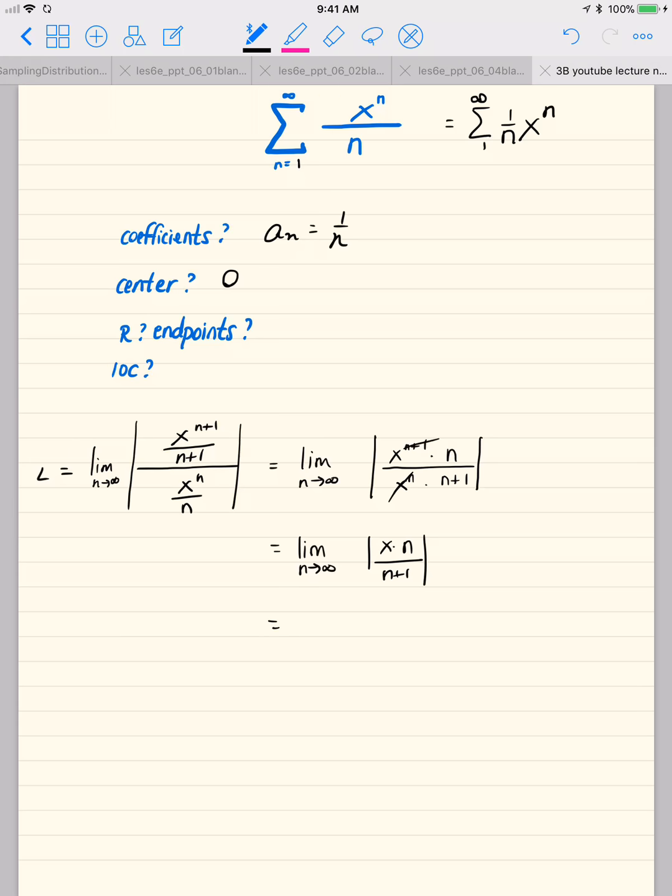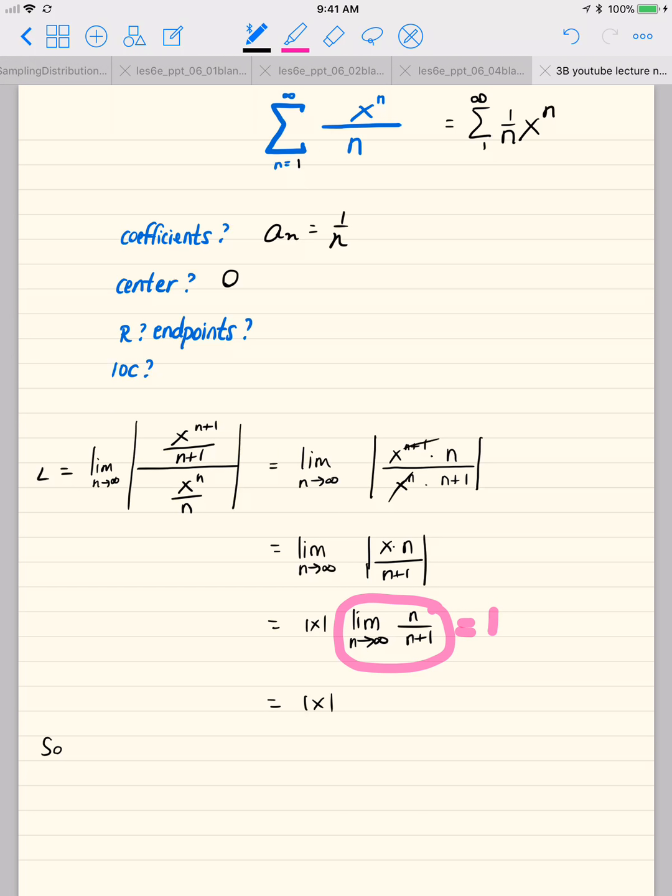But I can bring out the absolute value of x times the limit as n goes to infinity of n over n plus 1. And this limit is equal to 1. So I can rewrite this as just the absolute value of x.